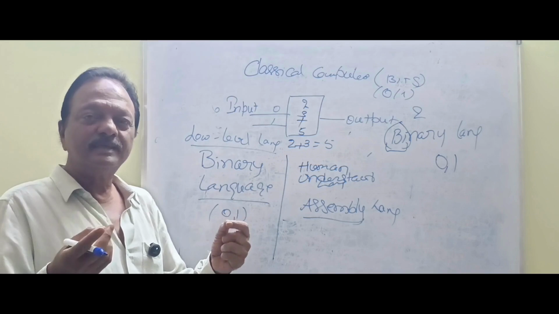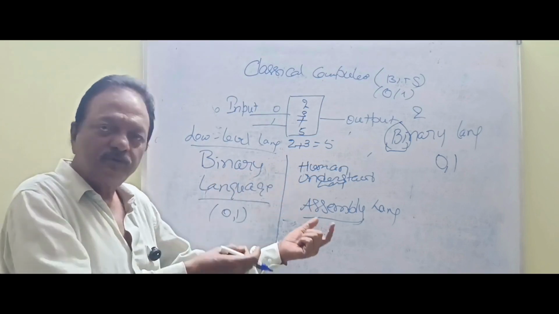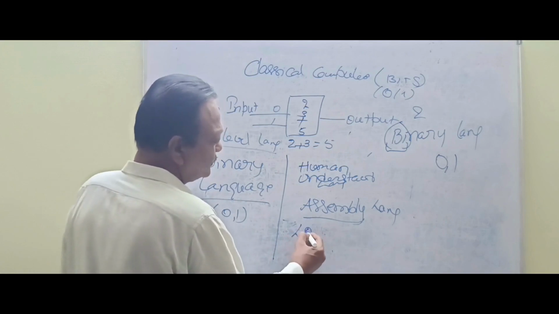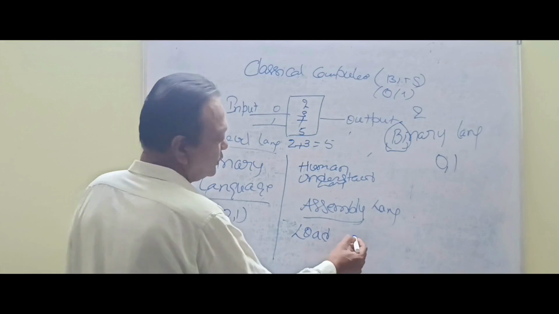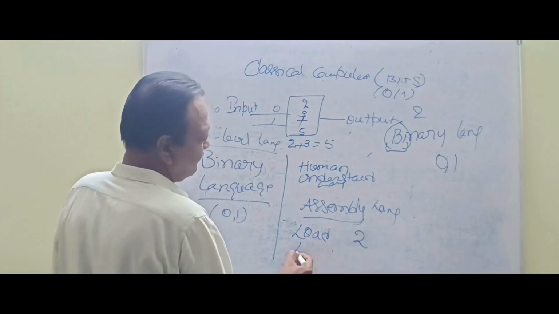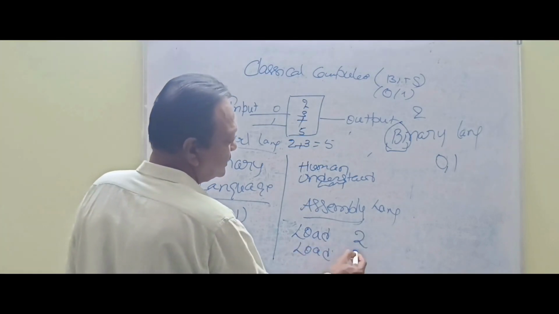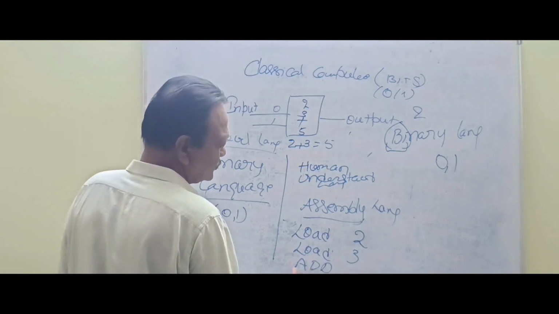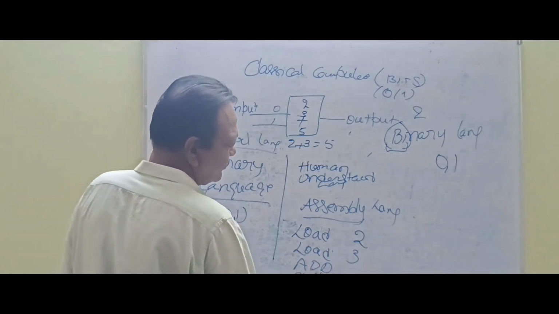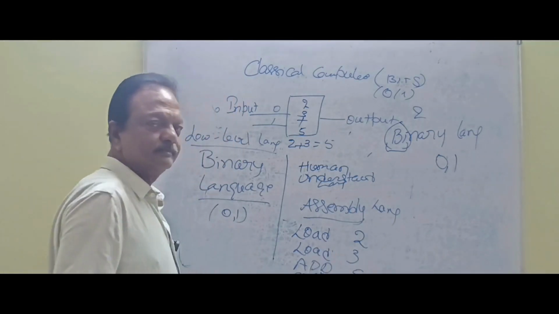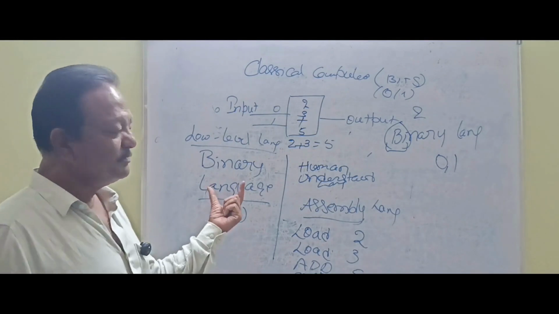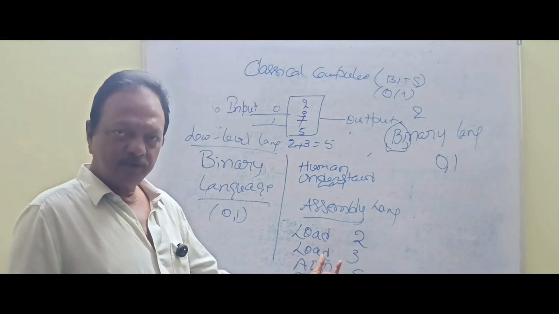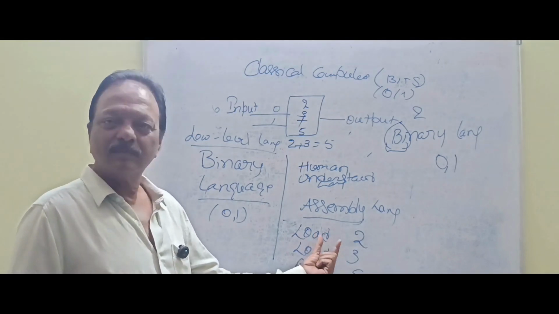So using the English language, we give commands to the computer. What I wrote in the last: load is an English word, load 2, load 3, add and store 5. So when compared with binary language, it is a little bit better. Understood? So this is assembly language.